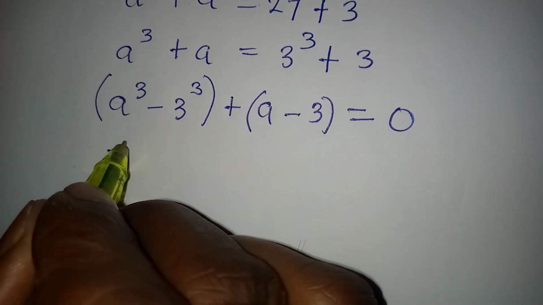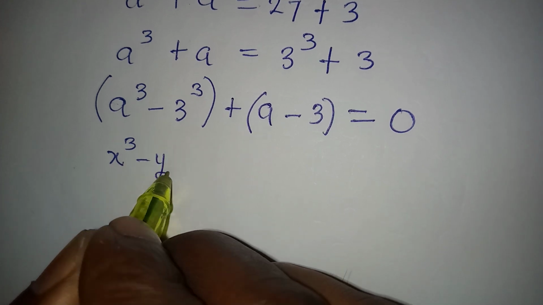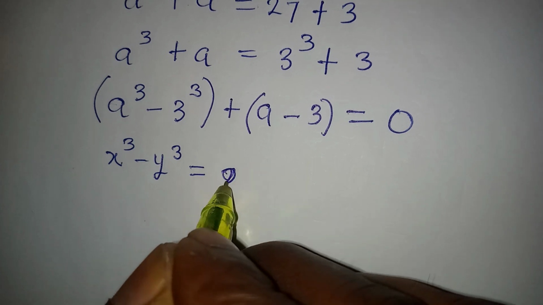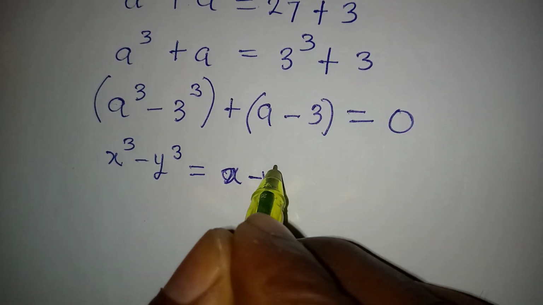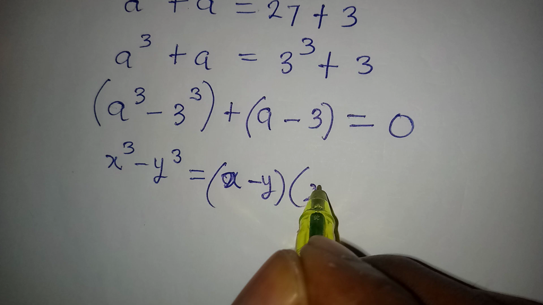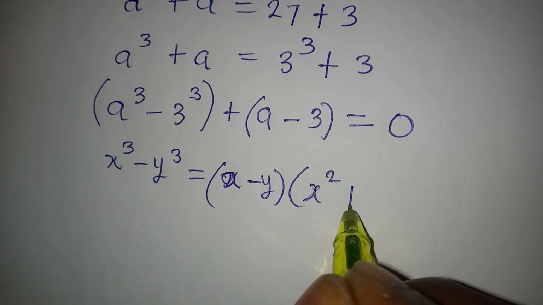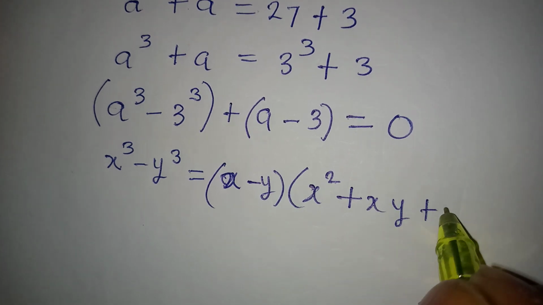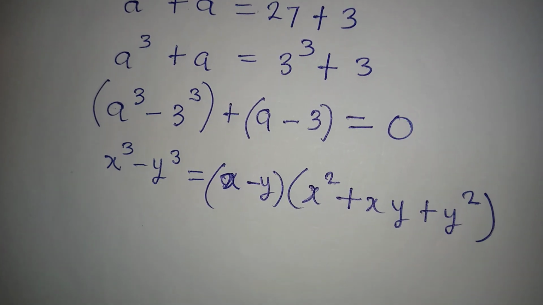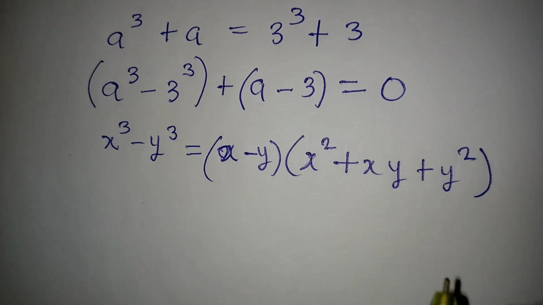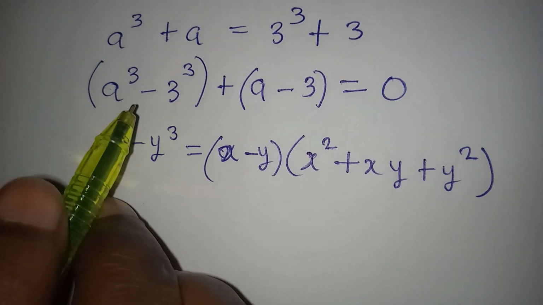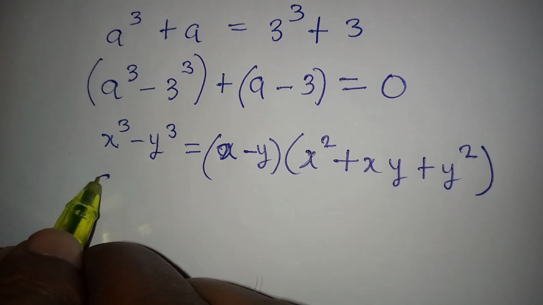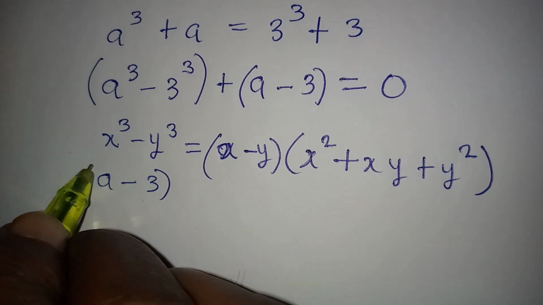If you have x to the power of 3 minus y to the power of 3, this is the same thing as x minus y into x squared plus xy plus y squared. Okay, so we're going to apply this same standard here right away, so that our x minus y becomes a minus 3.